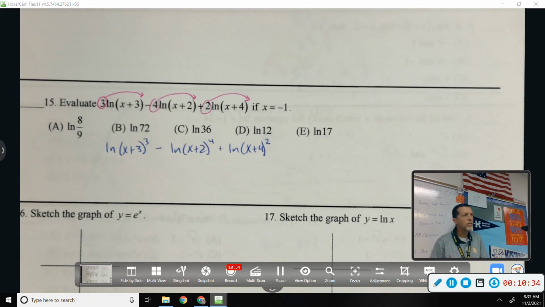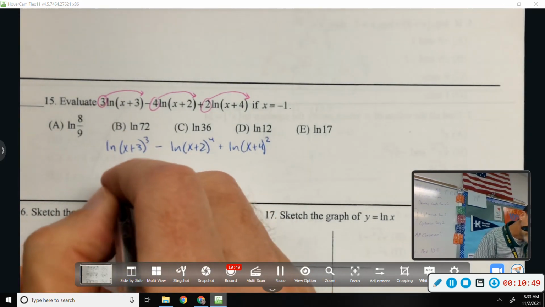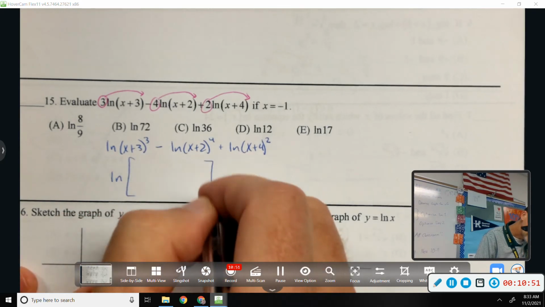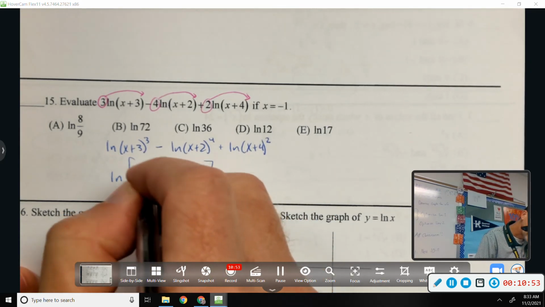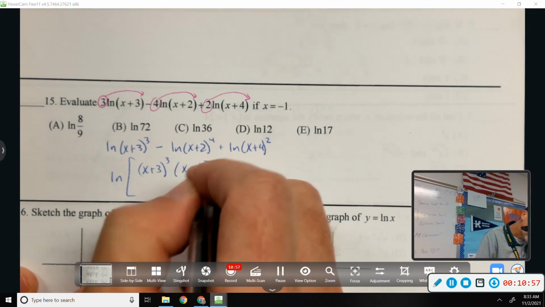So all those coefficients can hop back up as exponents. And then anything that's positive is going to be multiplied. So x plus 3 cubed, x plus 4 squared.